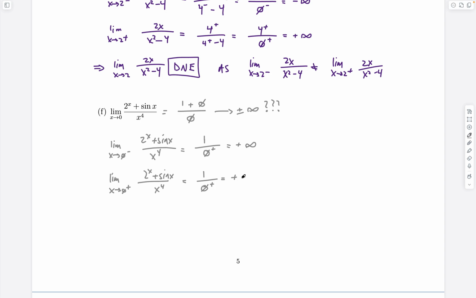Therefore, positive over positive would be a positive, and then a number 1 over 0 pushes to infinity, as we discussed. So therefore, we notice that the limit as x goes to 0, two-sided, of 2 to the x plus sine of x over x to the 4 would equal positive infinity, right? Because both the left and the right side limits are equal to each other.